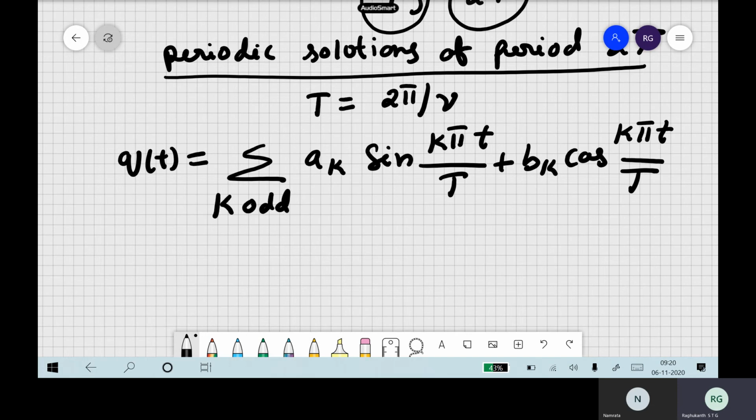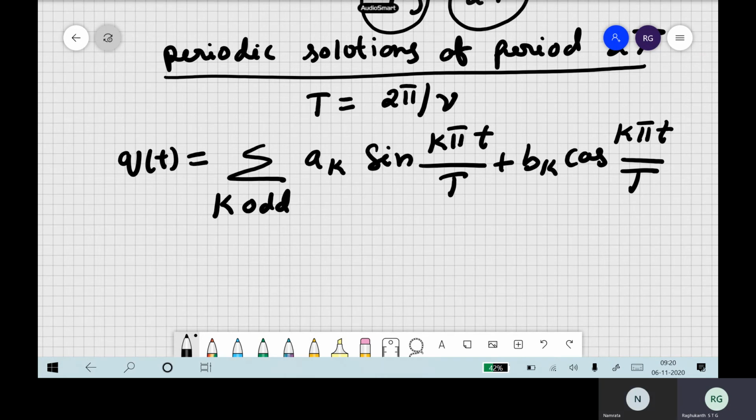If there are odd terms, for example, what is sine pi by 2? 1. Now what is sine 3 pi by 2?